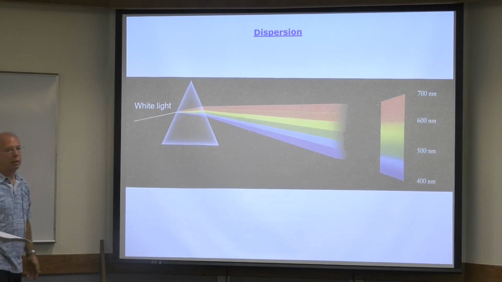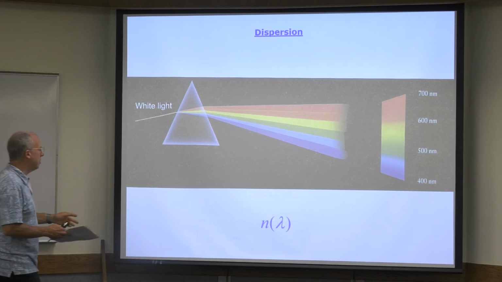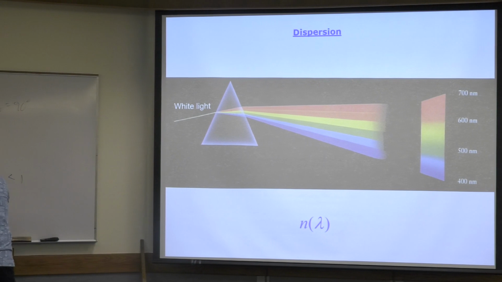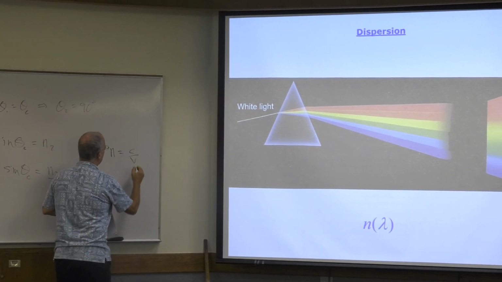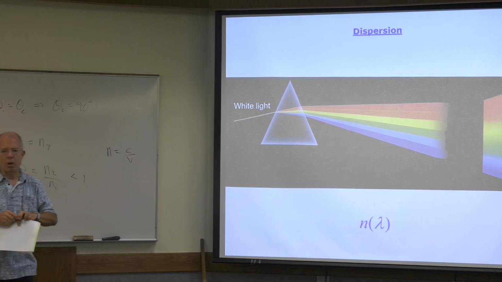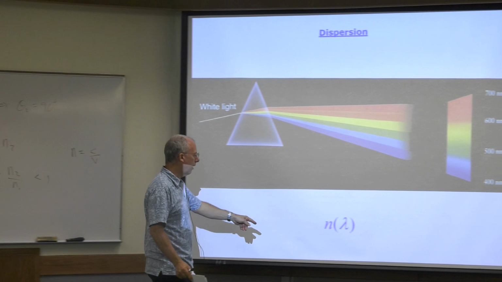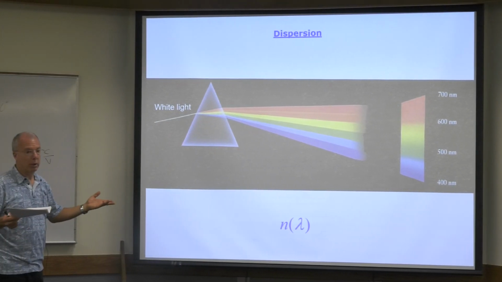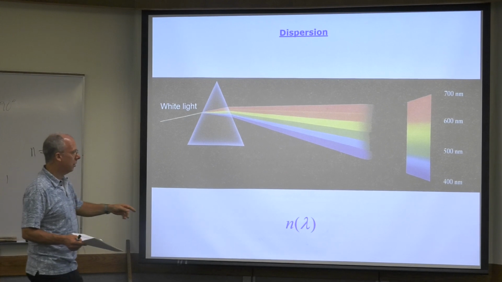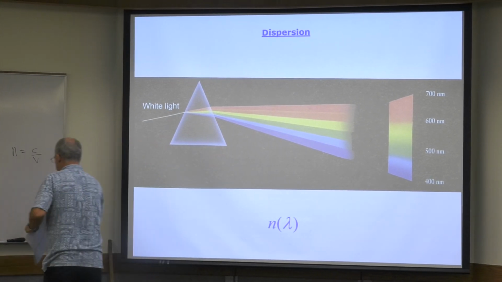Now, what's color? It's wavelength. So we've been talking about this index of refraction, and we've kind of assumed it was a constant all along. Well, it's not. It depends on the wavelength of light, and you see this right here. That's what's meant by the word dispersion. It just means that there's a slight variation of n with the wavelength.